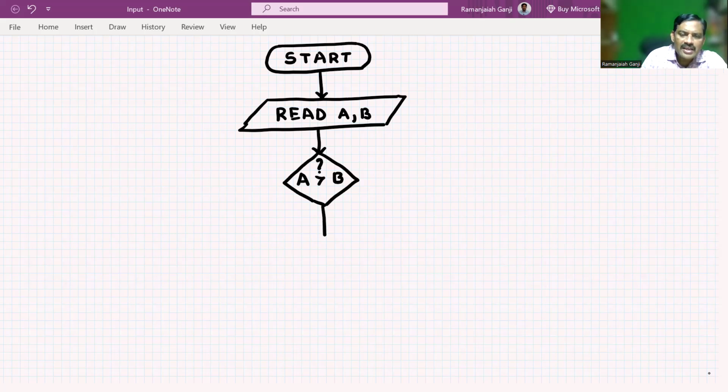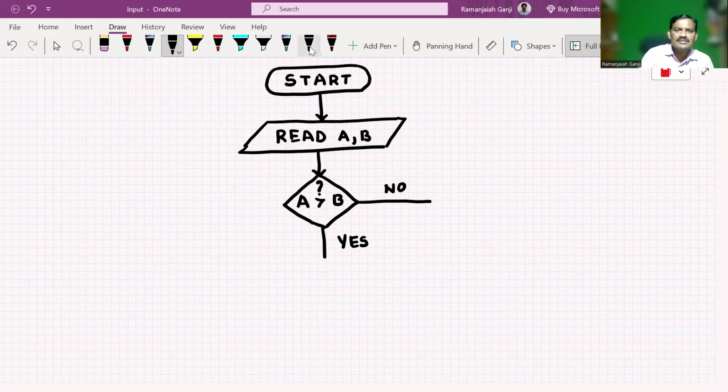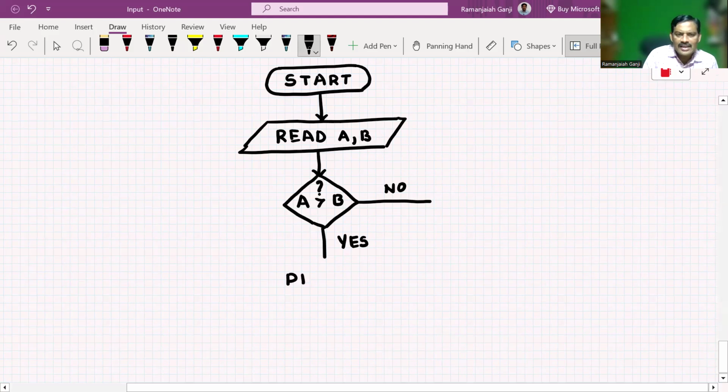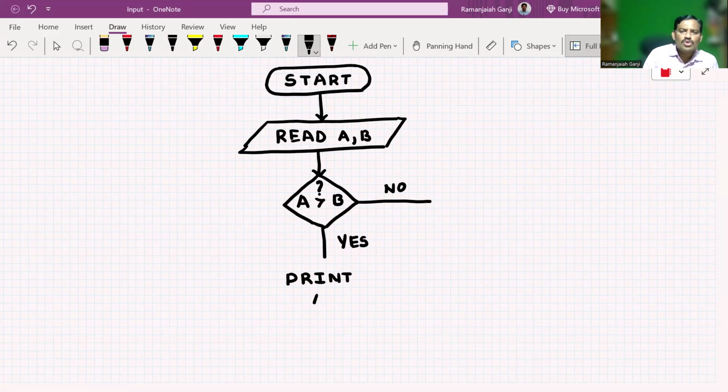Whenever a condition is executed, we always have two categories of states. Number one is yes, second one is no. Here initially I'm taking two numbers. Then condition testing: A is greater than B. Yes. Then what to print?